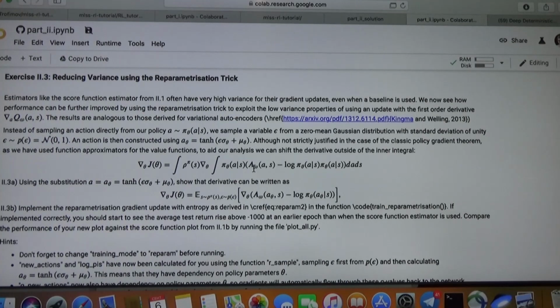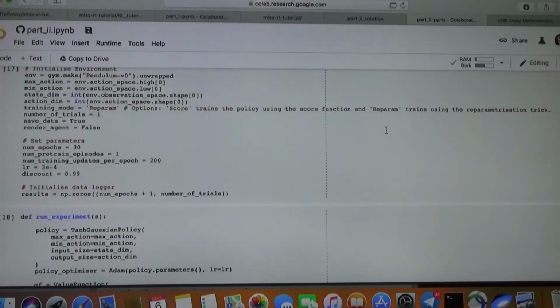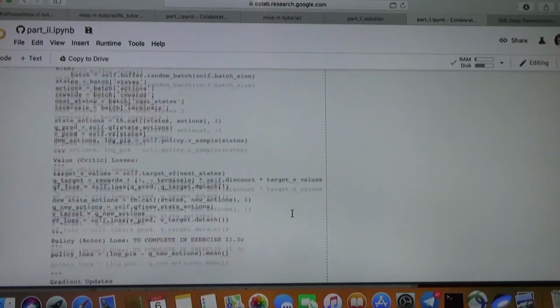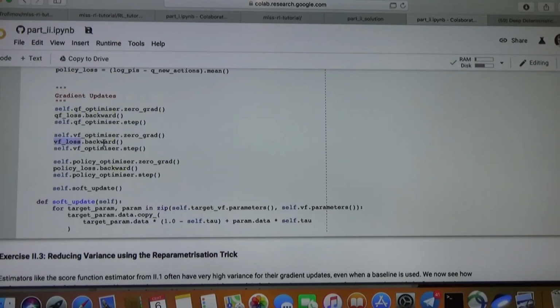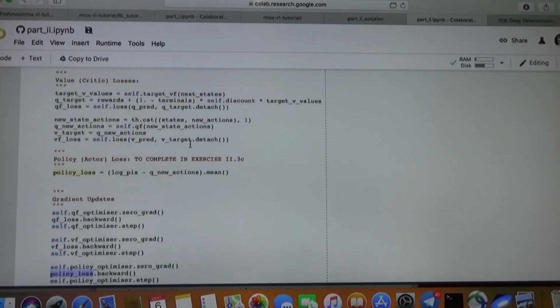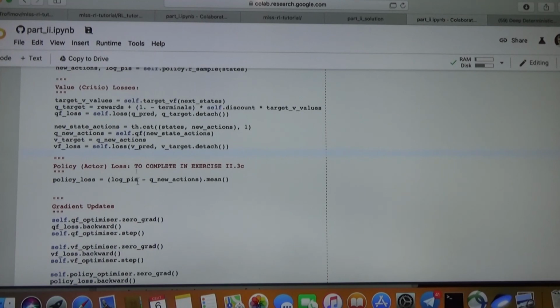So it is the parameters of the neural network which predicts the advantage function given state and action. In the code, we update, of course, both theta and omega. So we do two backward passes here: the Q function loss backward and value function separately, and the policy loss backward. Because the exercise here was to type only one loss, of course the losses for the advantage function are also calculated and optimized.